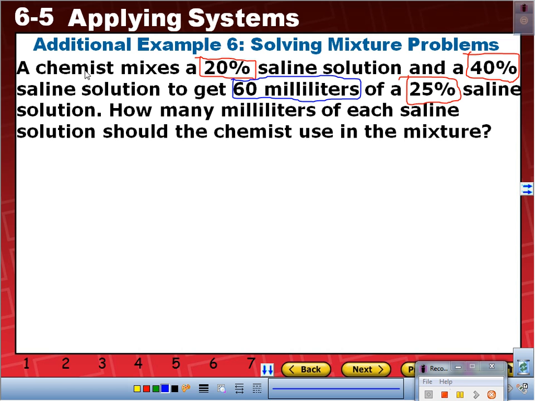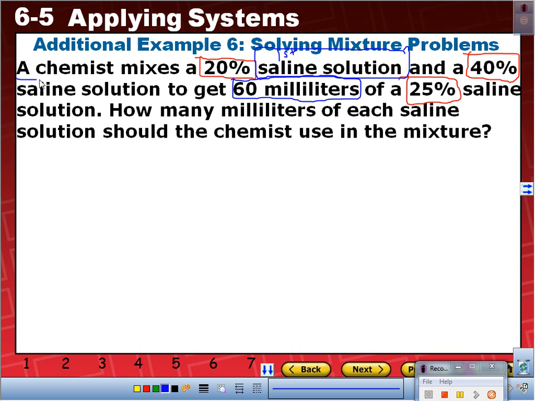And let's see, it says a chemist mixes 20% of saline solution, box saline solution. But notice here they say 20%. Do we know how many milliliters here? No. So that means that's what we need to get at the end. So here I'm going to label this one first, because that's the first mixture.